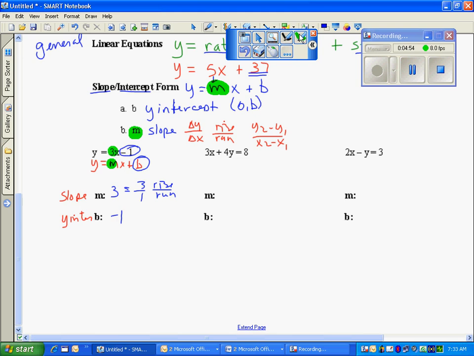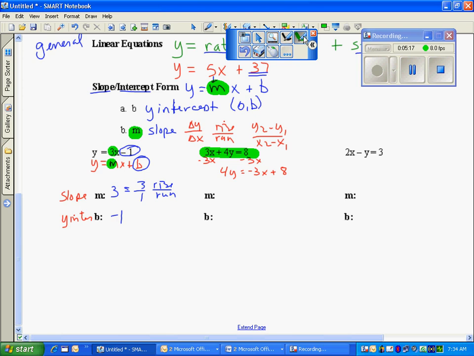In the next situation, it's not of the form y equals mx plus b. I need y to be by itself. So the first thing I'm going to do is move that 3x to the other side of the equal sign so I can manipulate what we call standard form into the special form y equals mx plus b.